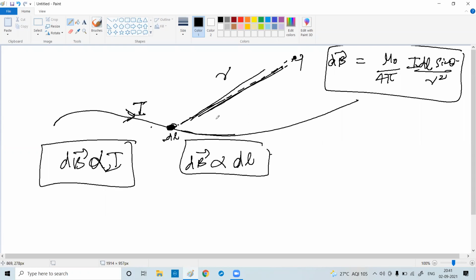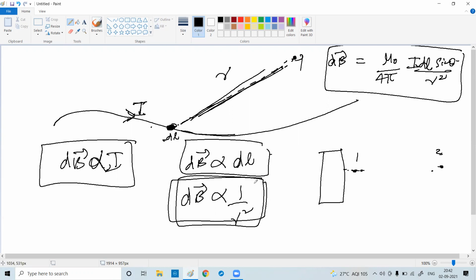The greater the distance, the weaker the magnetic field. If you place a pin near a magnet and another pin farther away, which will feel the attraction more? This one, because it is nearby. That means dB is inversely proportional to the distance. Is it clear?